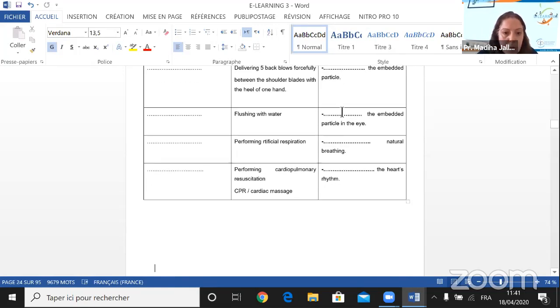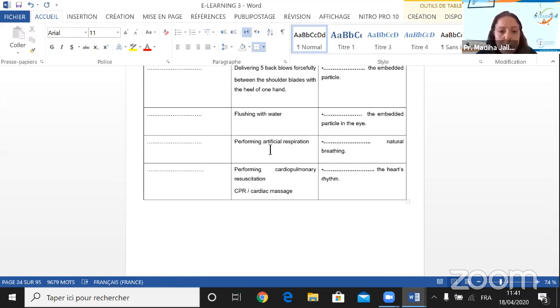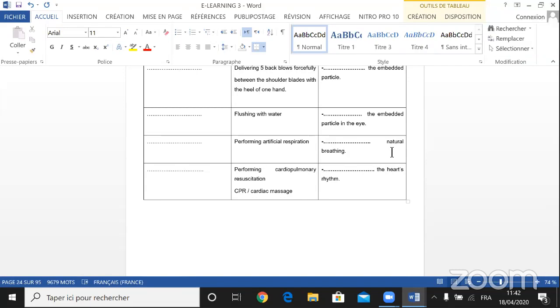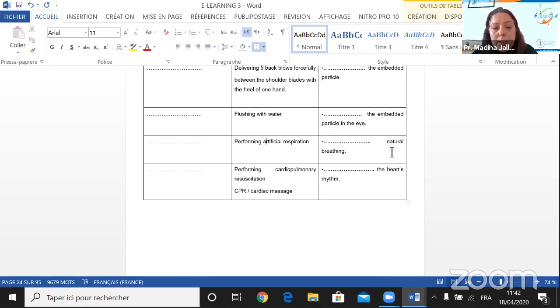Then here you have performing artificial respiration. And then you have natural breathing. You perform artificial respiration to respond to which problem? Breathing cessation. Nice. Yeah, breathing ceased.